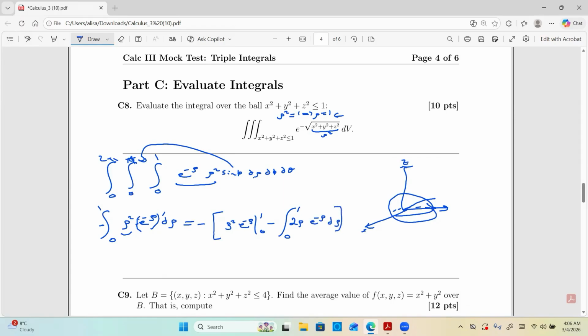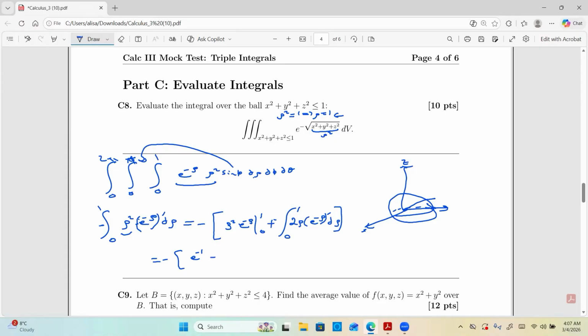Then I can repeat the process, namely I can put a derivative on this, and I see that this is going to be a plus now, because I multiplied by a negative sign, and I can apply integration by parts on this one again. So this one is going to be minus. This one is going to evaluate to what? e to the minus 1.